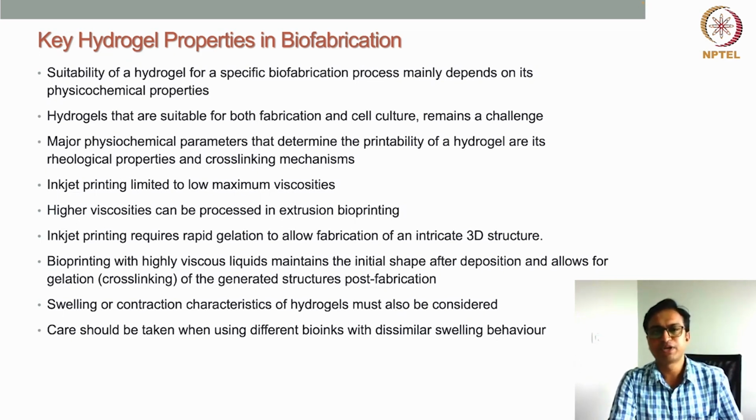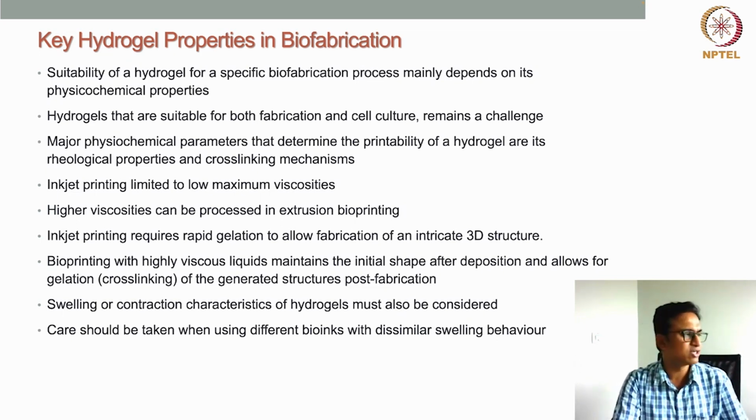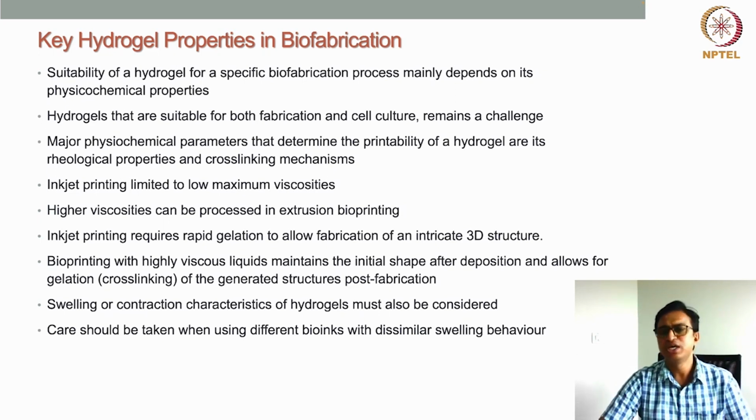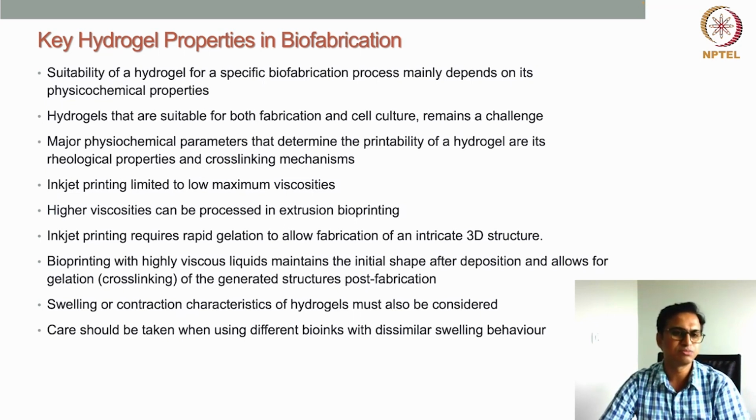So the suitability of a hydrogel for a specific biofabrication process mainly depends on the physicochemical properties of that particular tissue. When we select a tissue, we try to see its physical properties, like how soft or hard the tissue is, and what the different compositions of the tissue are. The physicochemical properties of the tissue are very important to understand while selecting a particular bioink or hydrogel.